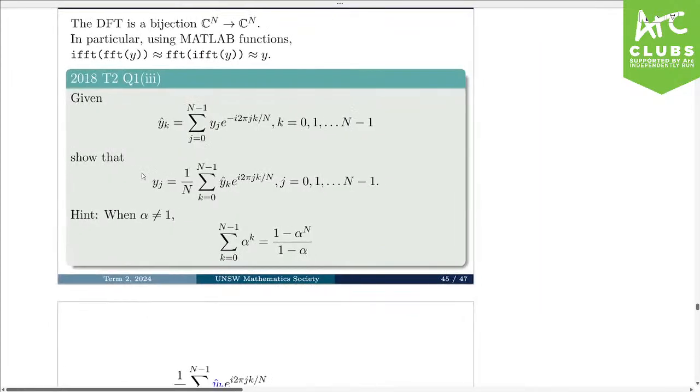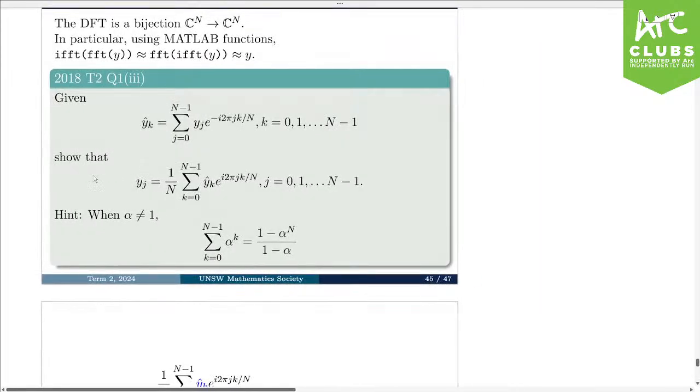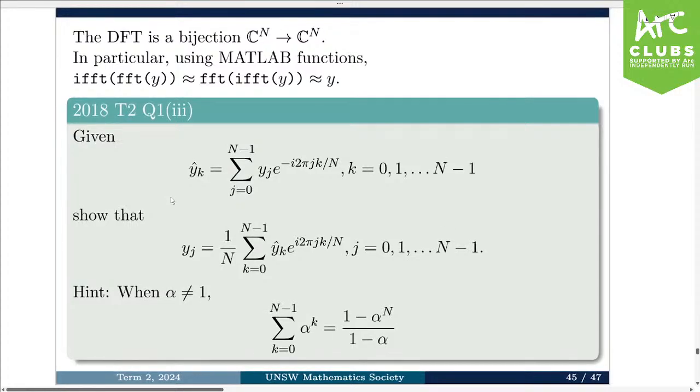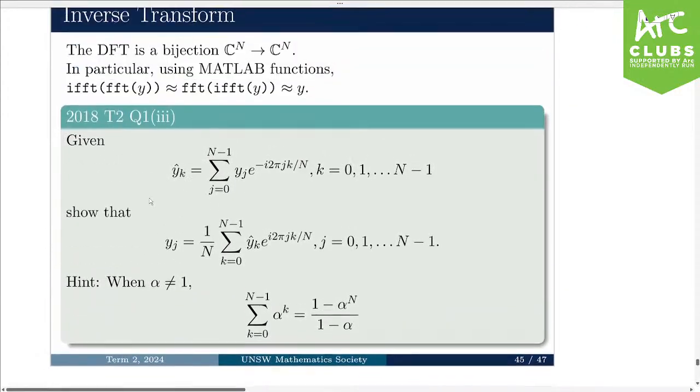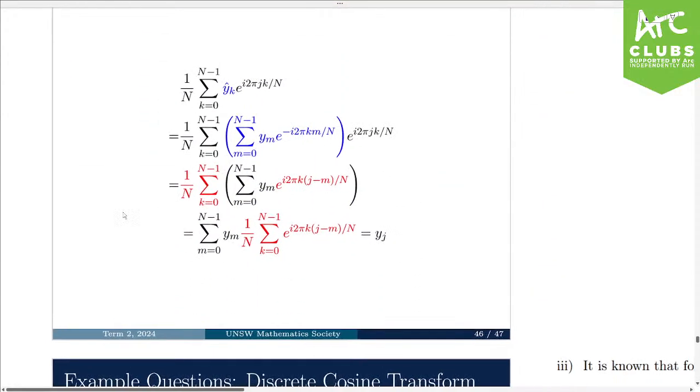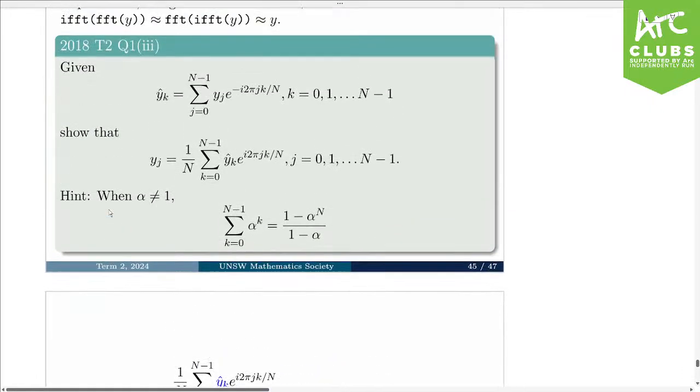So the steps are here. We can start with this and show that this is equal to yj.